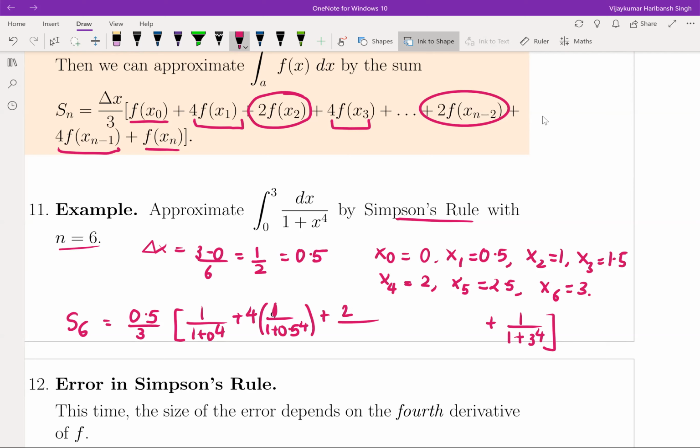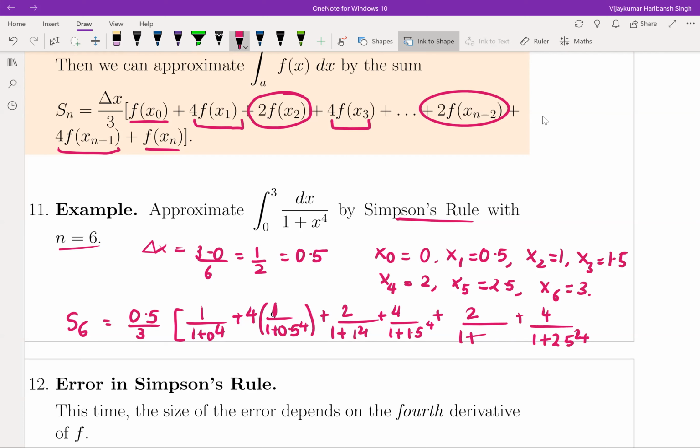Then 2 times 1 upon 1 plus 1 power 4, my bad, plus 4 times 1 upon 1 plus 1.5 to the power 4, plus 2 times 1 upon 1 plus 2 to the power 4, plus 4 times 1 upon 1 plus 2.5 power 4, my bad again.